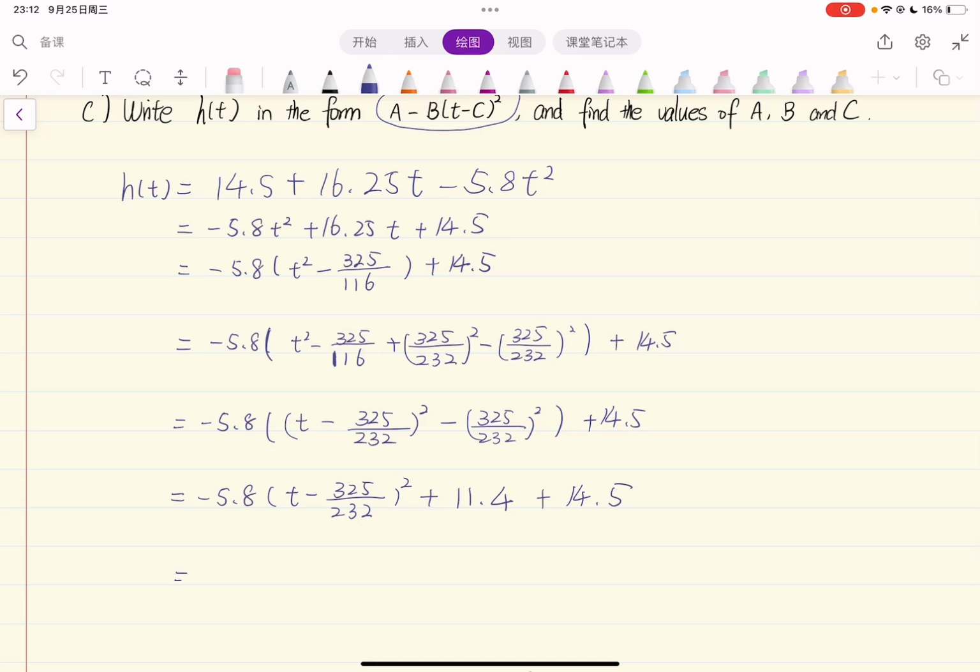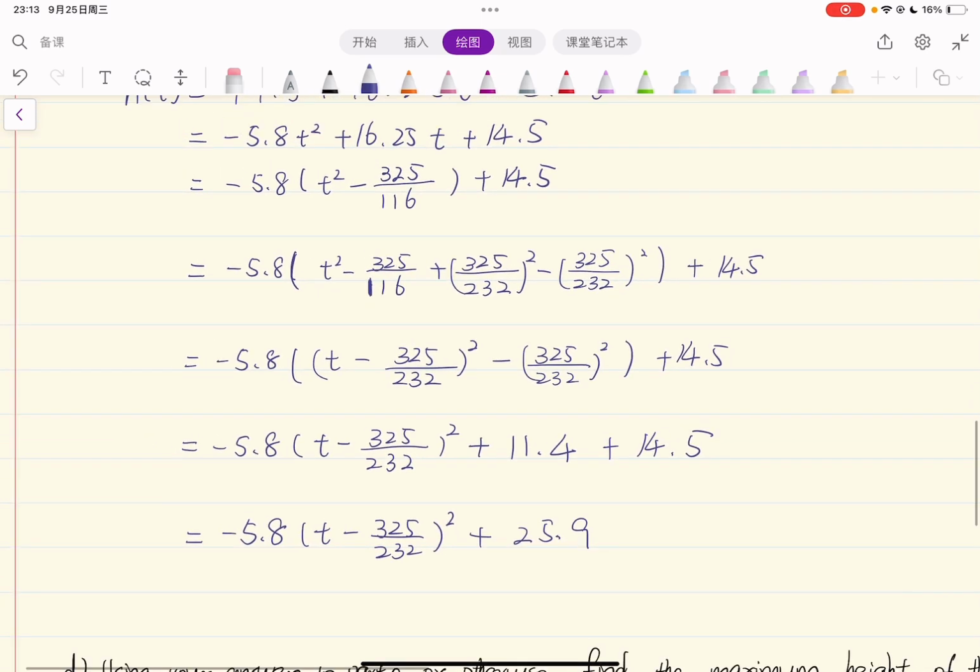What do we have? We have minus 5.8 times (t minus 325 over 232) squared plus 14.5, that is 25.9 to three significant figures. Sorry for the terrible number, but in the exam question you should use the exact number, you don't need to go to three significant figures.